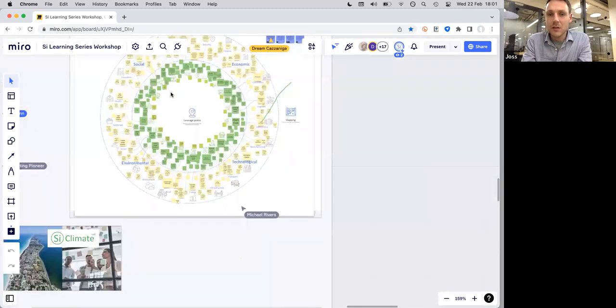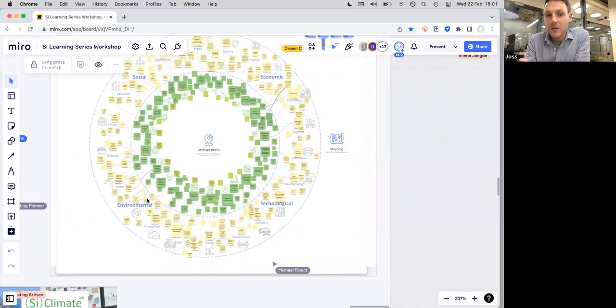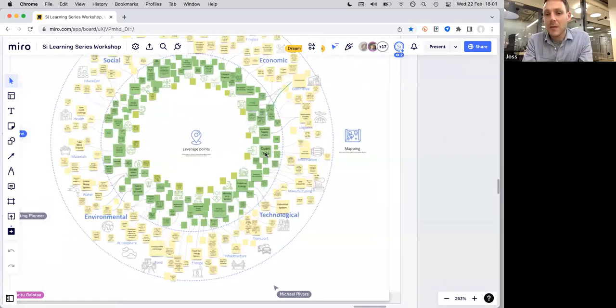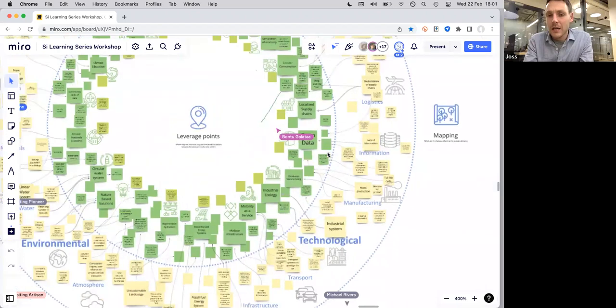This was an open co-creation we did with a canvas we have called Mapping Leverage Points, where around the outside we posted up all the factors affecting climate resilience in a city, and then on the inside started thinking about how we might change those, and where the places are that we might intervene.